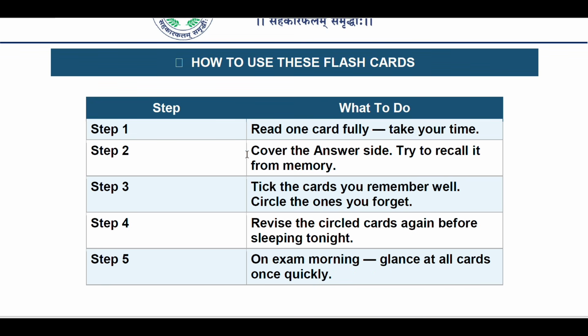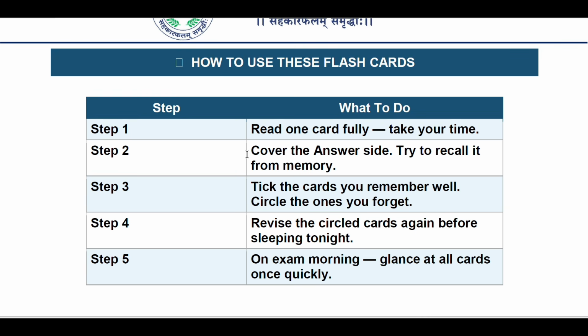Step 4, revise the circled cards again before sleeping tonight. Step 5, on exam morning, glance at all cards once quickly. So these are the ideal steps you should follow for each card. If you follow these steps, you will be able to recall it very well.